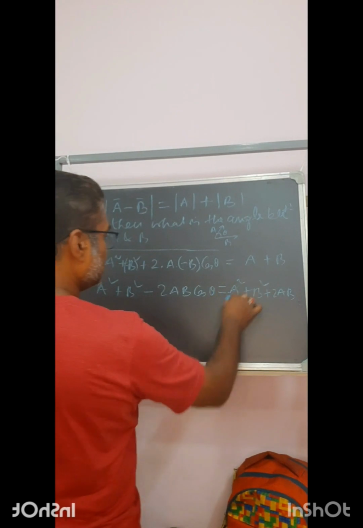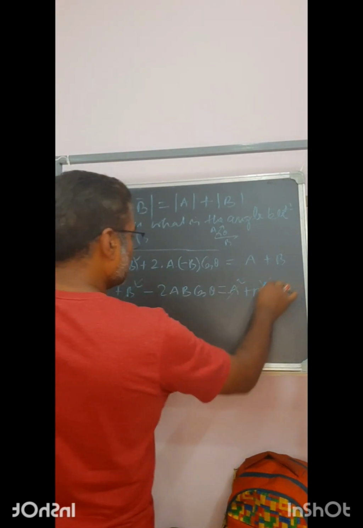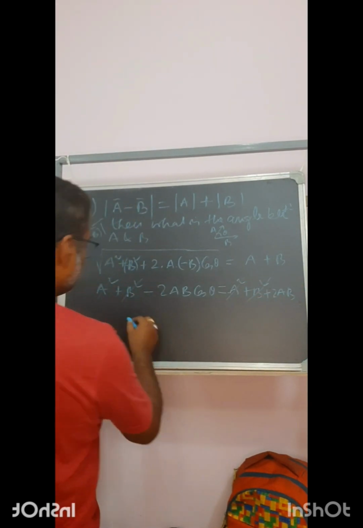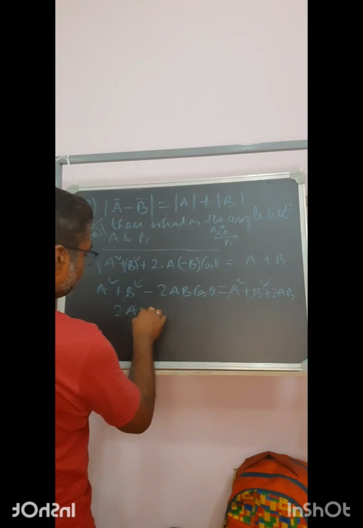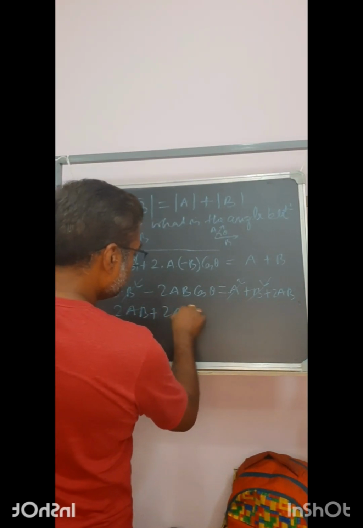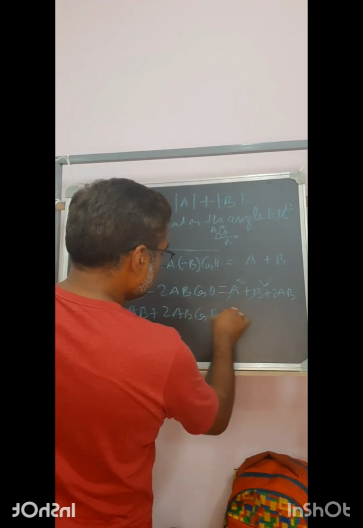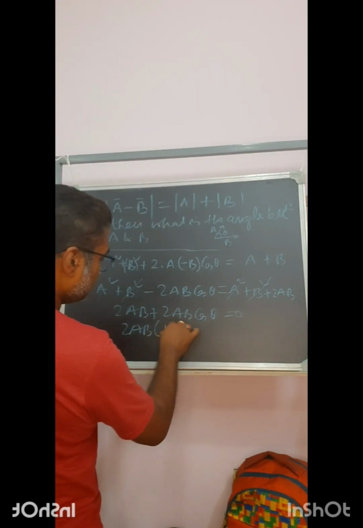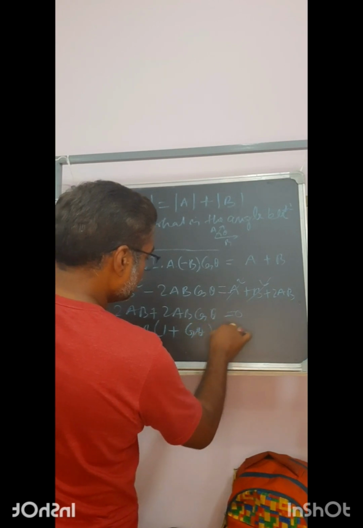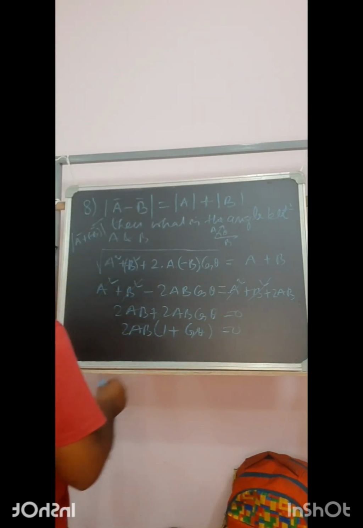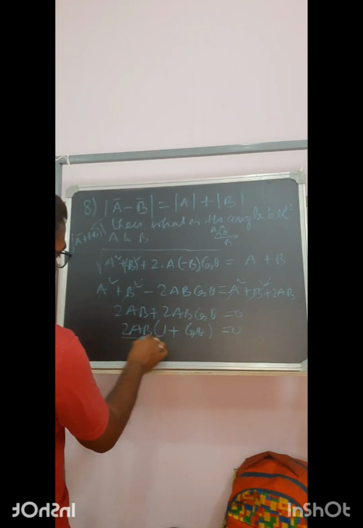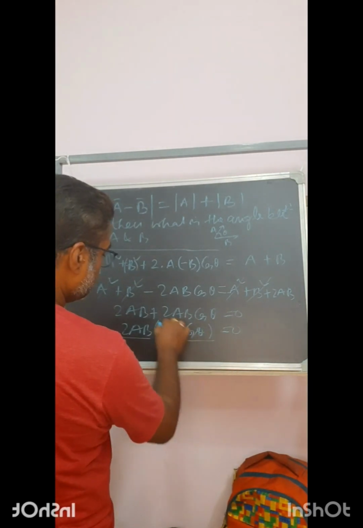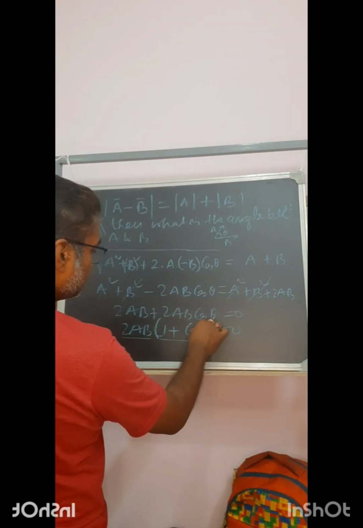Now here this will be cancelled, so I will get 2AB plus 2AB cos theta is equal to 0. Taking 2AB common, it will be 1 plus cos theta is equal to 0. So either this will be 0 or this will be 0, for a product to be equal to 0.